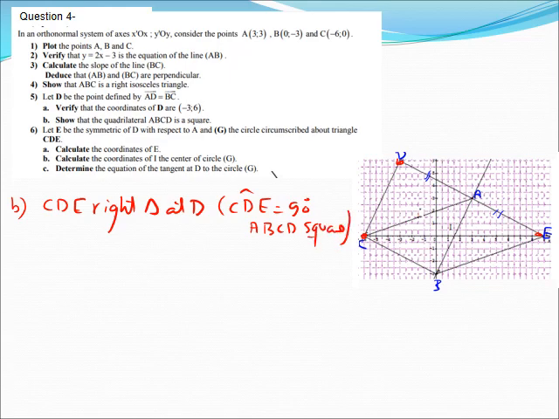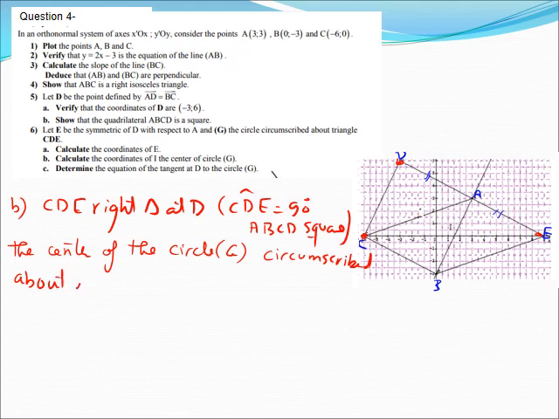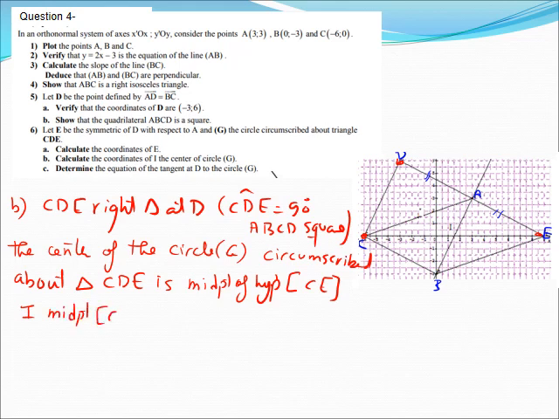So the center of the circle G circumscribed about triangle CDE is the midpoint of the hypotenuse CE. So I is the midpoint of CE.